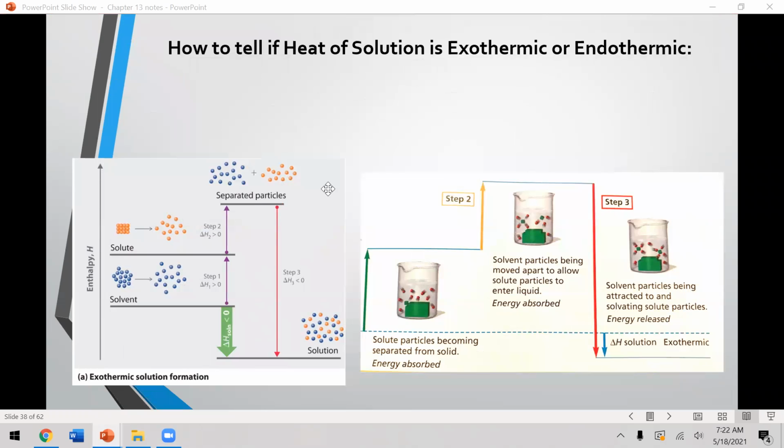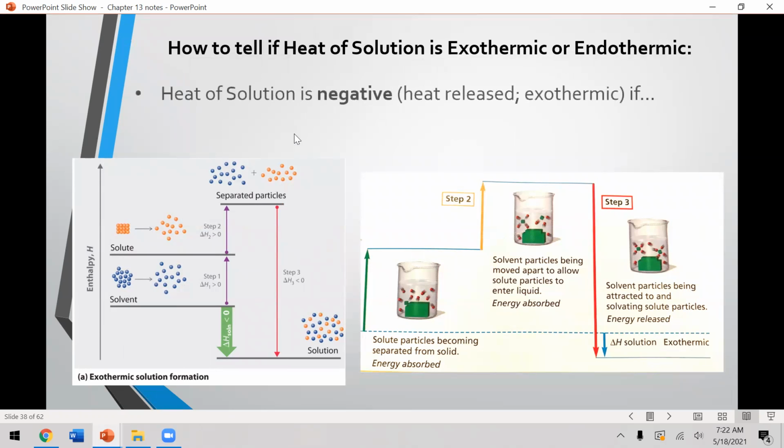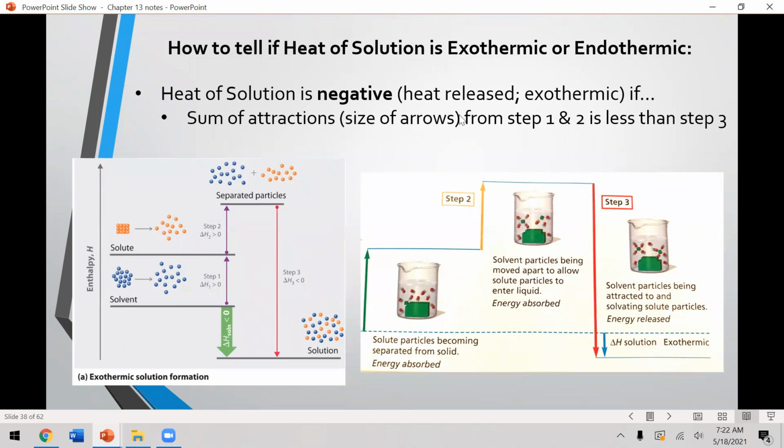Okay, so here's how you tell if a heat of solution is exothermic or endothermic. If the heat of solution is negative, you have heat being released, it's exothermic. So basically the arrows from steps 1 and 2 are less than the arrow from step 3. For example, right here, the upward arrow is smaller than the downward arrow, exothermic.